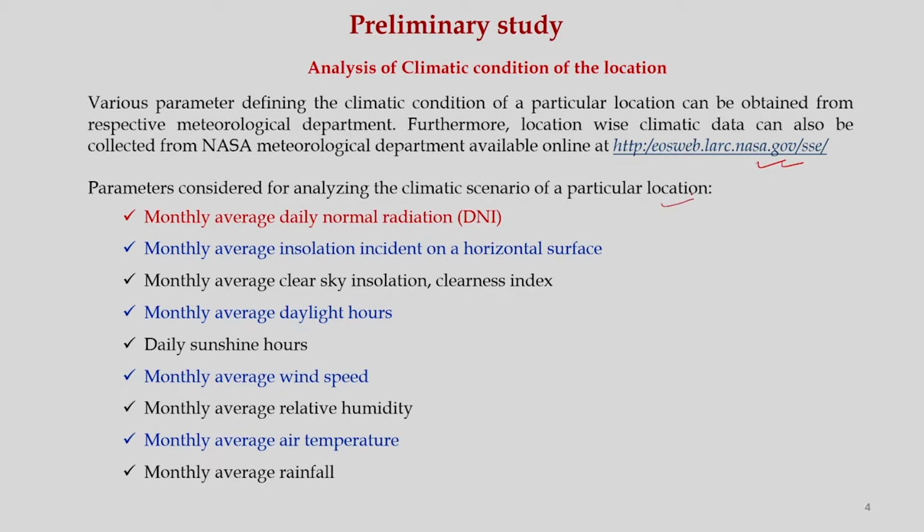Number one may be monthly average daily normal radiation, monthly average insolation incident on a horizontal surface, monthly average clear sky insolation or clearness index, monthly average daily sunshine hours, monthly average wind speed, monthly average relative humidity, monthly average air temperature, monthly average rainfall. This information is required. Already we have discussed many techniques for investigating many of the parameters mentioned in this list.